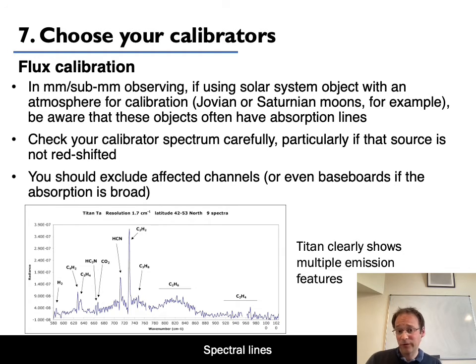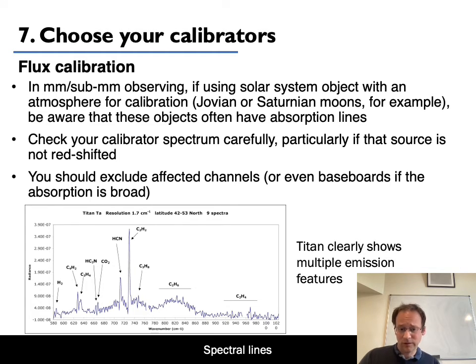But of course, like any observation, you're going to want to also calibrate the flux scale to get an accurate measurement of the intrinsic strength of the emission line. That's particularly important for emission lines. Absorption lines, less so, because you're measuring a fractional absorption against a background source, but it's still something you might want to do, particularly if you're interested in the flux densities of the continuum sources that you're looking for absorption against.